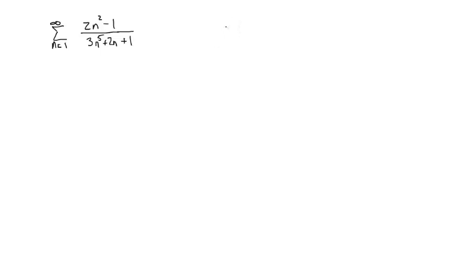So the limit comparison test says if we take the limit as n goes to infinity of a sub n divided by b sub n, and it's going to be equal to c. If c is greater than 0, then both series converge.